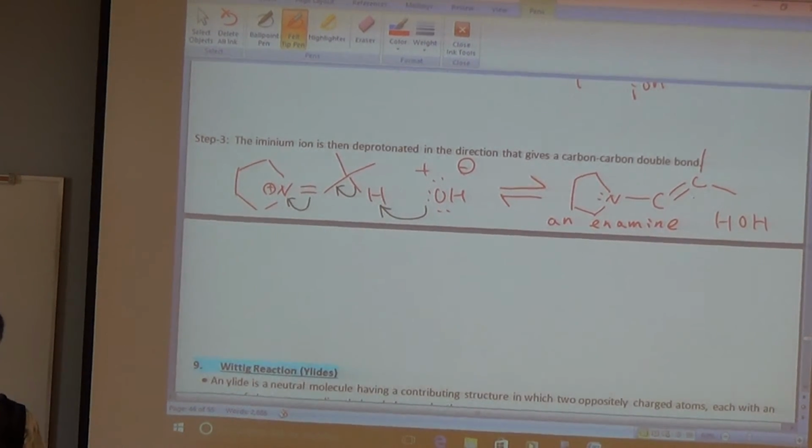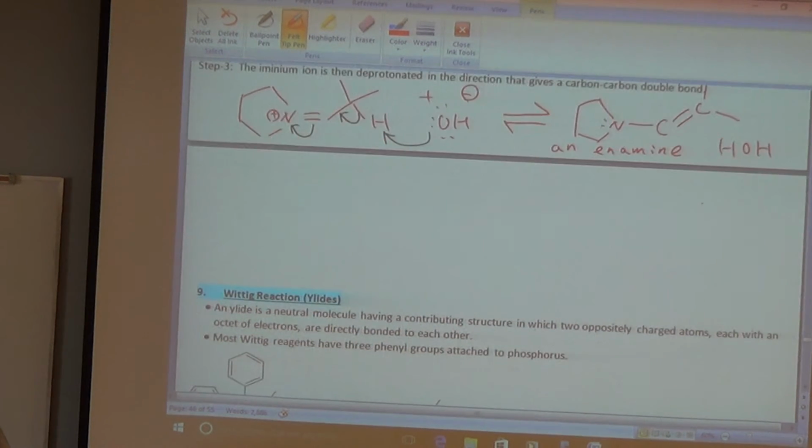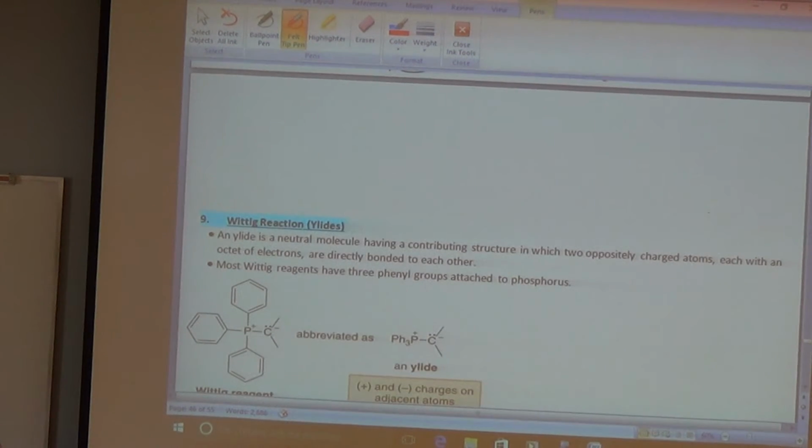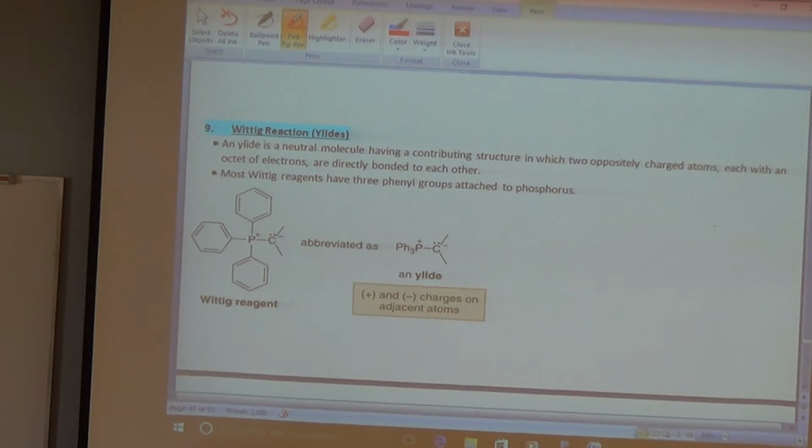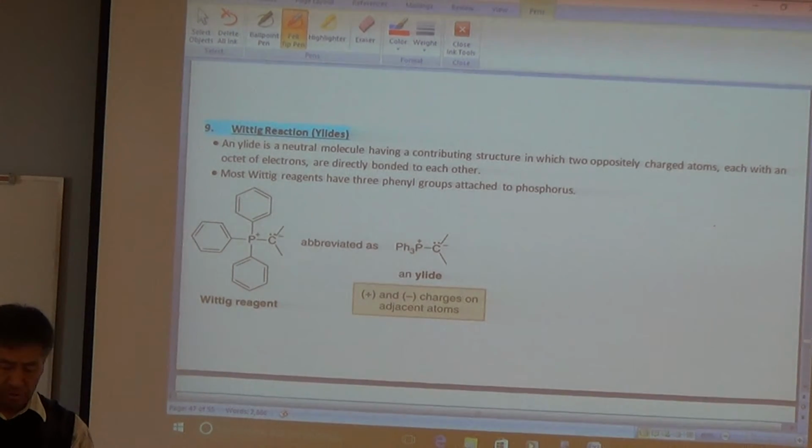The very, very powerful method of preparing double bonds or alkenes is the Wittig reaction. So in the Wittig reaction, you use ylides. What are ylides? Ylides are molecules that have a positive side and also a negative side in the same molecule.